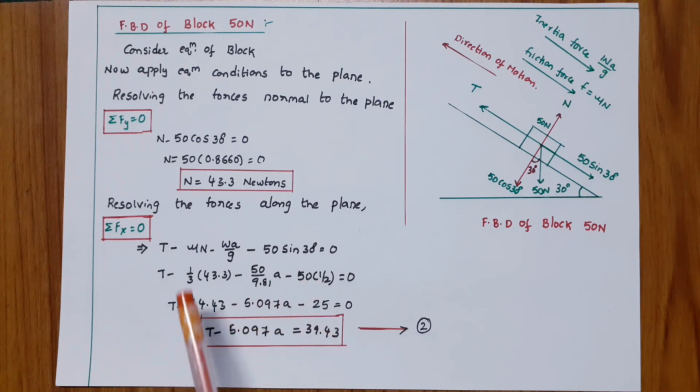So T minus mu, which is 1 by 3, into N, which is 43.3, minus W by g, where W is 50 and g is 9.81, into A, minus 50 into sin 30, which is 1 by 2. So T minus 14.43 minus 5.097A minus 25 equal to 0. T minus 5.097A is equal to 39.43. This is equation number 2.